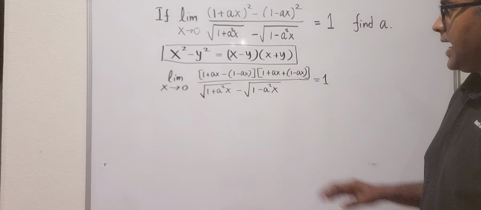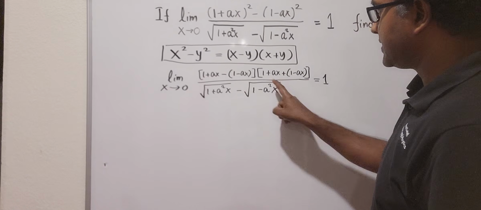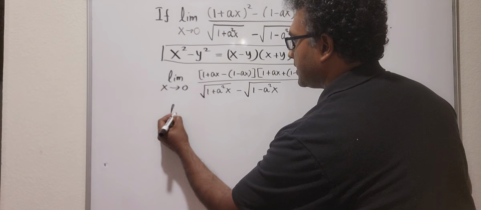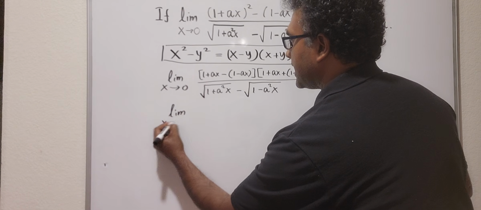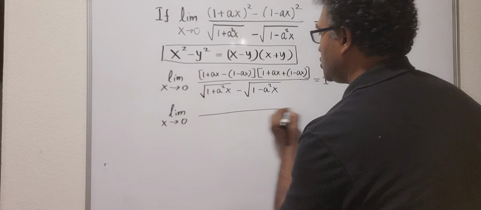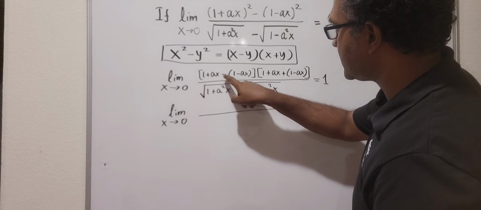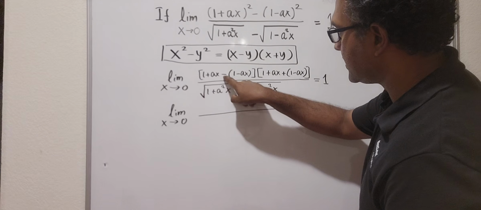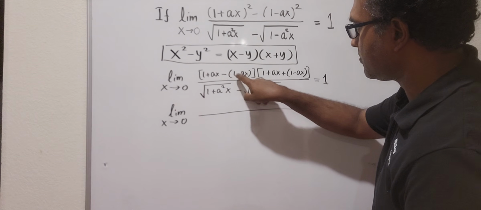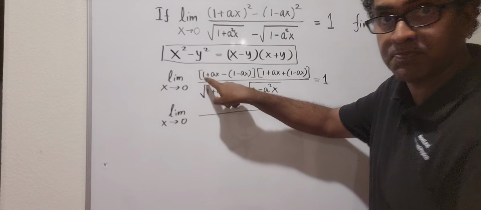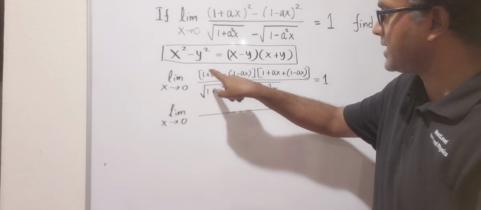Okay, and then the numerator simplifies. I'll write limit as x goes to 0. The numerator, can you see this minus sign? It can be distributed. So I'll have a minus 1 and a plus 1, so they will cancel out.